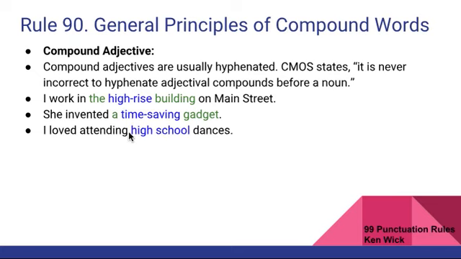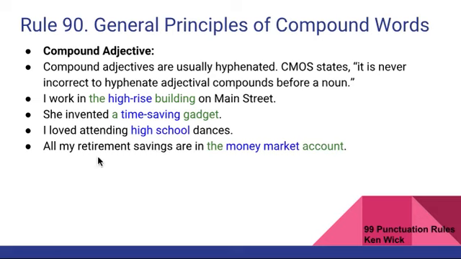I love attending high school dances. So here's an actual example of an open-form compound adjective. And all my retirement savings are in the money market account. Once again, I have a noun and a signal word, the article, therefore I know everything between the article and the noun has to be an adjective.